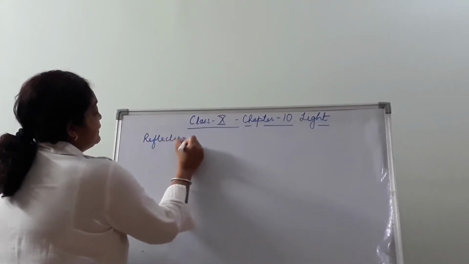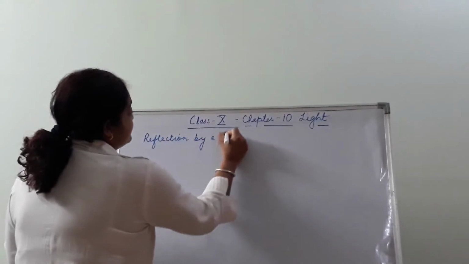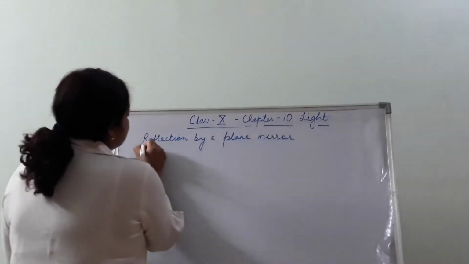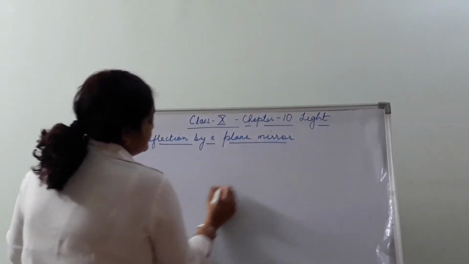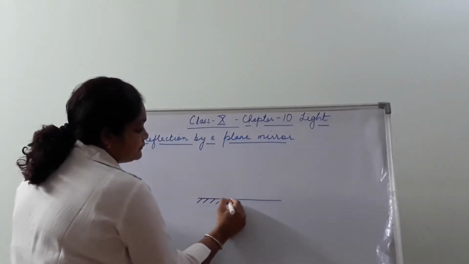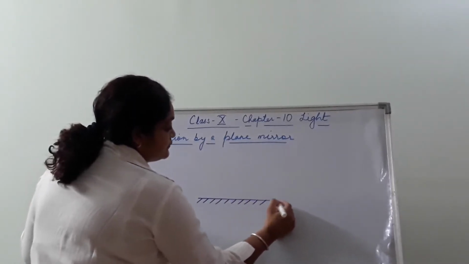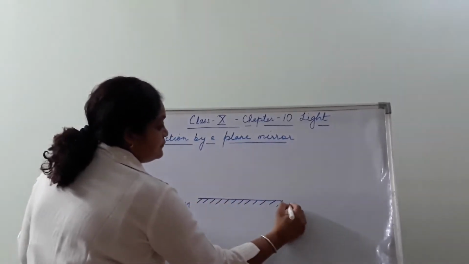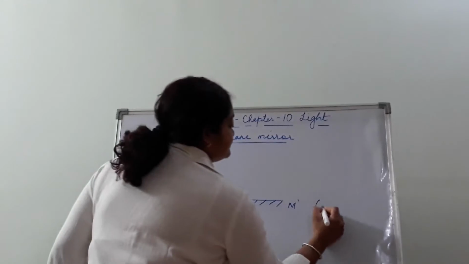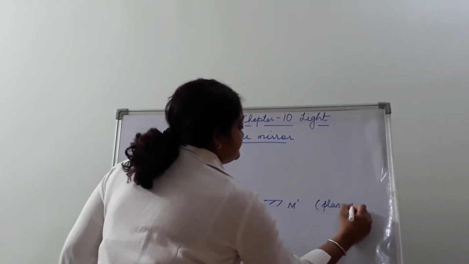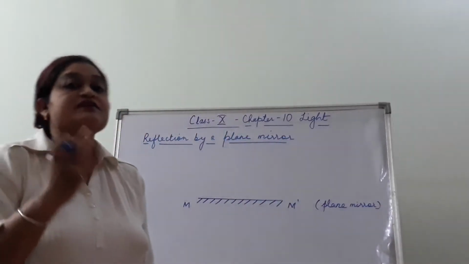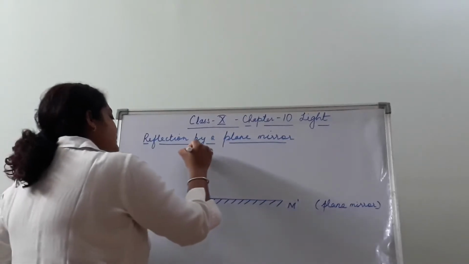Next is reflection by a plane mirror. Suppose this is a plane mirror, M dash is a plane mirror. Now consider that a light ray is incident on it.